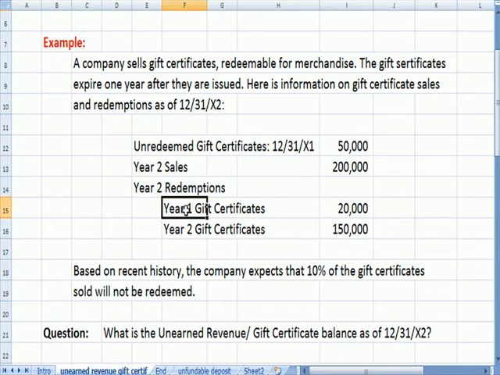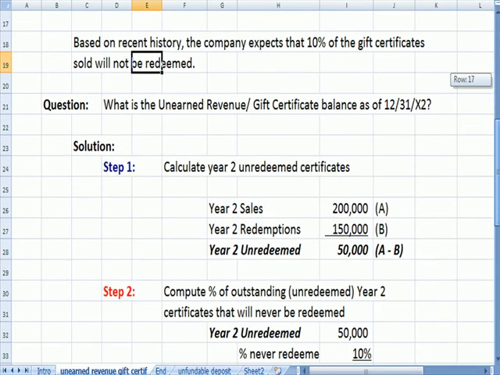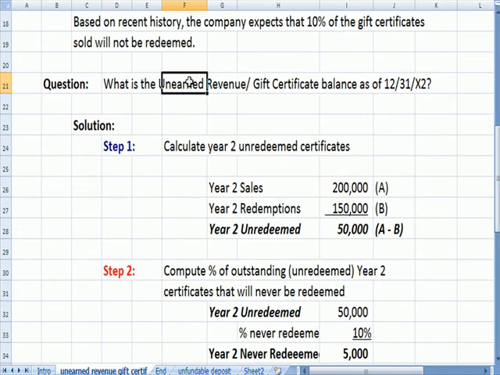We got year 1 gift certificate redemptions, and we got year 2 gift certificate redemptions. And they know, based on history, that 10% of the gift certificates sold will not be redeemed, which means we need to wait until they expire before we can recognize gift certificate income. And so the question is, what is the unearned revenue on gift certificate balance at the end of year X2?